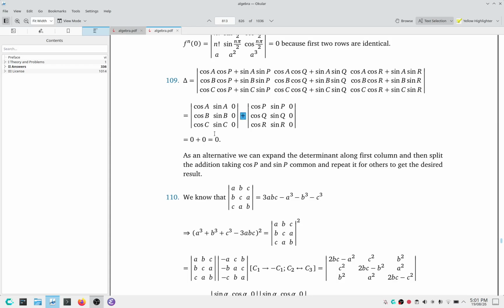If this is product sign, then this should be equal. So cos A, cos P, sin A, sin P, 0, 0, that is our first one. Cos A, cos Q, sin A, sin Q, 0 into 0, that is second. And cos A, cos R, sin A, sin R plus 0. So this should be a multiplication sign, just like here.